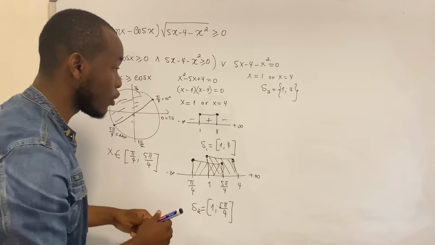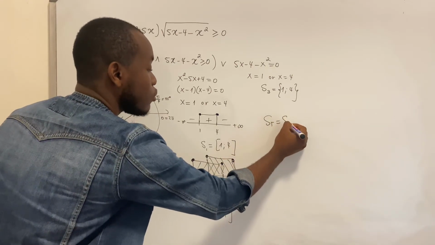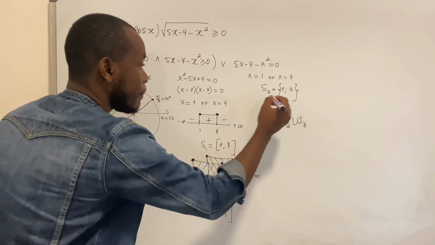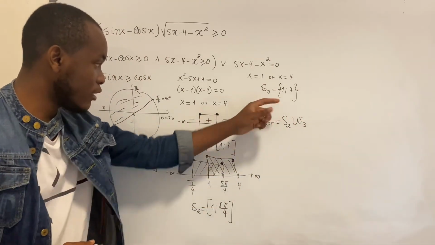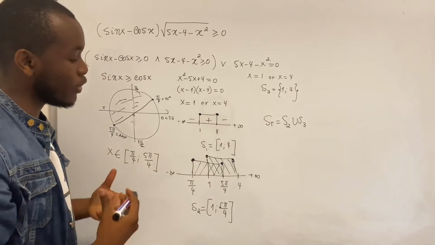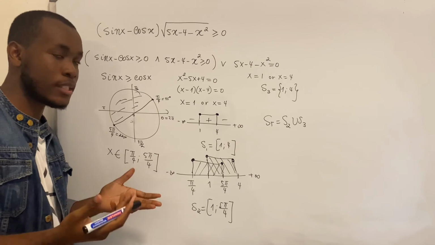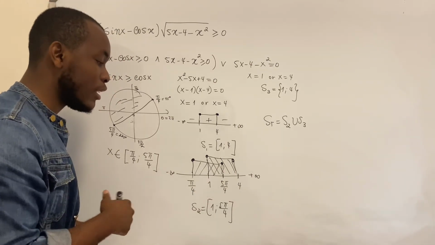So the total solution will be S2 union S3. In solution 2 we already have 1, and when a set is unioned with its subset, it's still the set, so we add only the numbers not in the set.